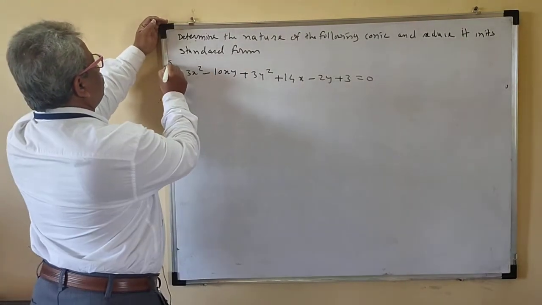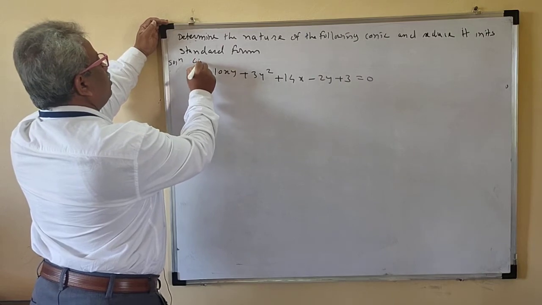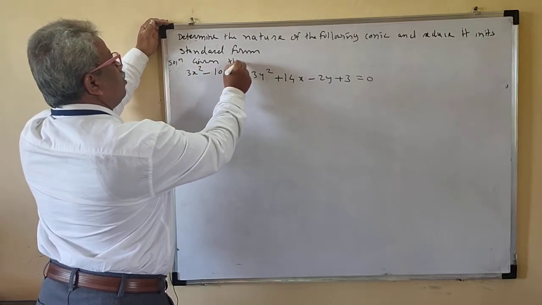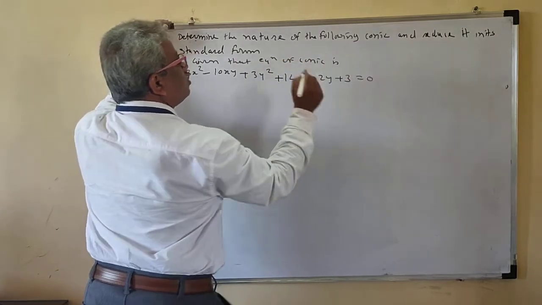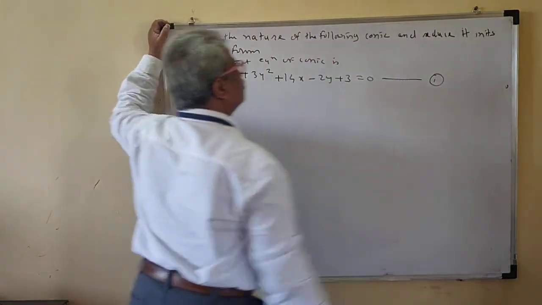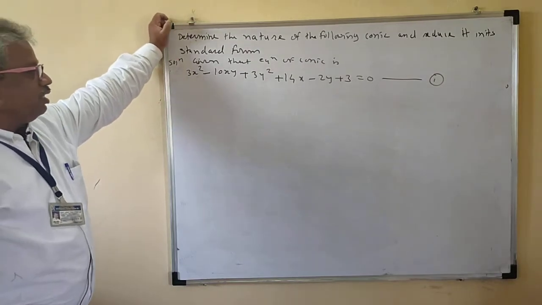Okay, so solution. Given that the equation of conic is, we call this as 1.